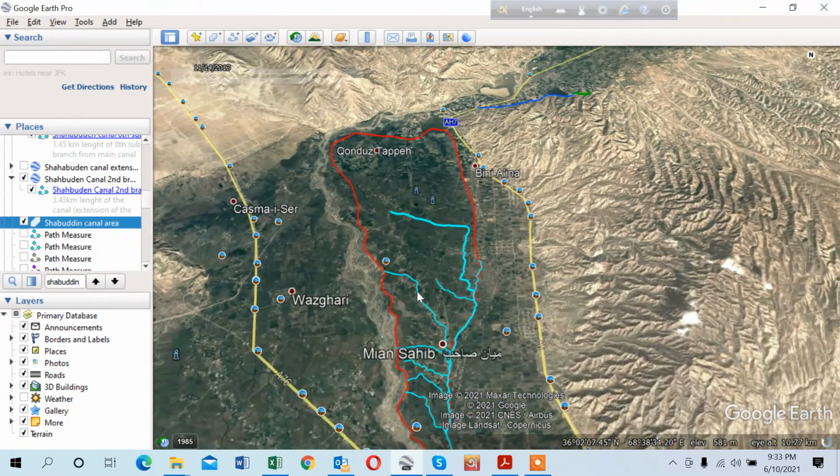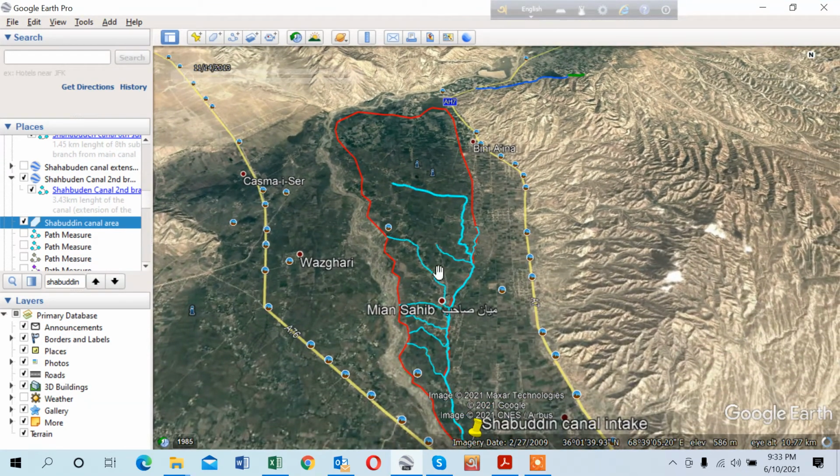And this way we need some structures to maintain the level, that is called check structure, and some off-take structures. You also need some spillway. Maybe you need one spillway here, you may need one spillway here, you may need a spillway here also.